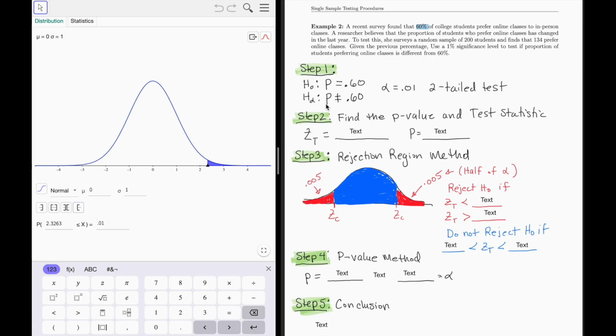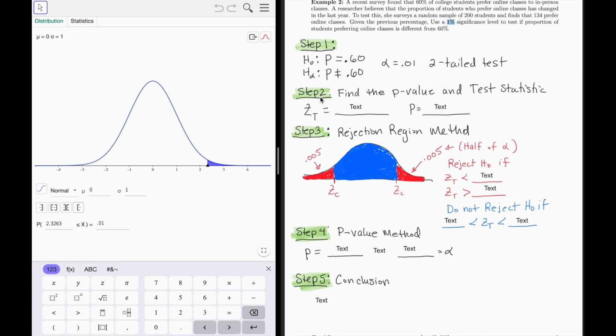So we don't care in this case if it's smaller or bigger. We're just looking to see if it's changed. This is an alpha level of 0.01. Here it gives it as a percent, but as a decimal, it's 0.01. And because we're testing to see if it's different, we're doing a two-tailed test.